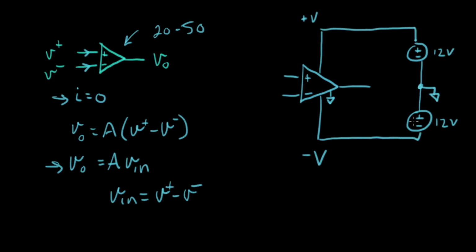So with respect to ground, this node is at minus 12 volts, and this node from ground is at plus 12 volts. And ground is right in the middle. When we measure V out, we'll measure it with respect to this ground node. So this is the voltage where we measure plus or minus V out right there.